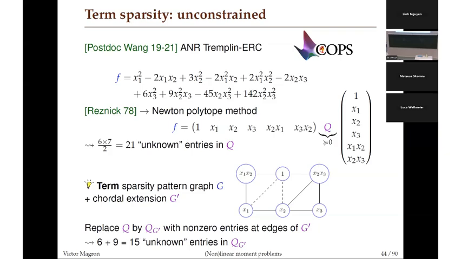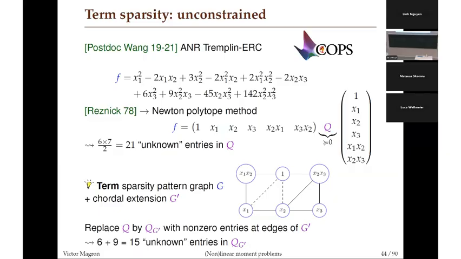But there are plenty of bases, and some lead to sparser graphs than others. Exactly. Here we pick the Newton polytope basis, but you could pick your favorite one. In practice, we take the canonical basis, so it's not assured to be the most optimal. It's not a constructive way.